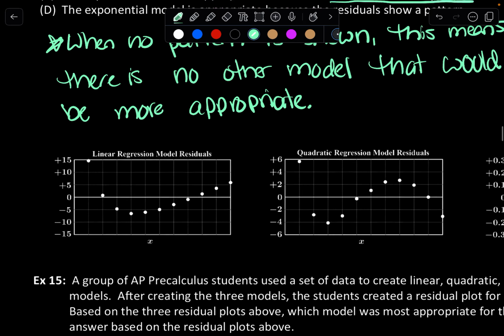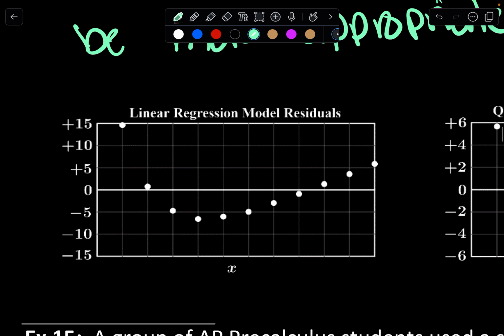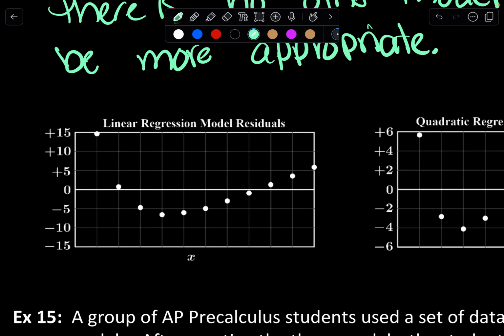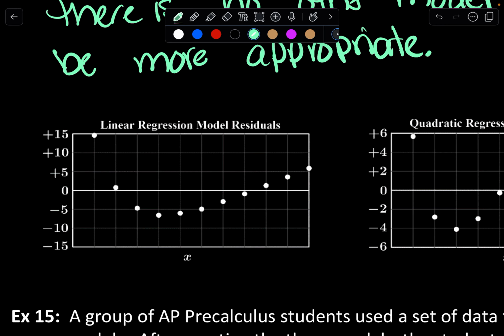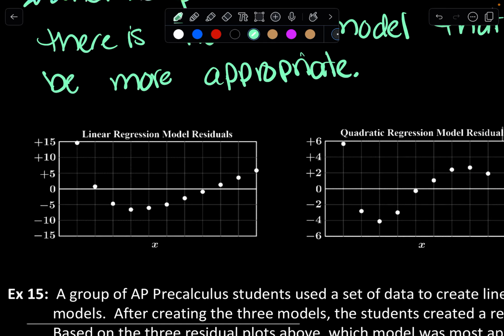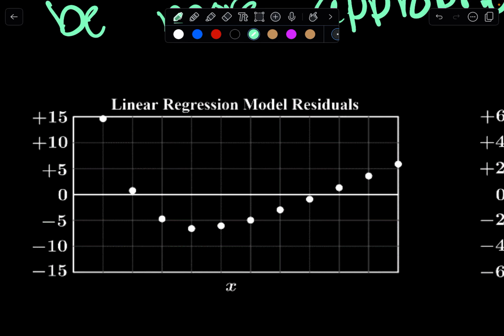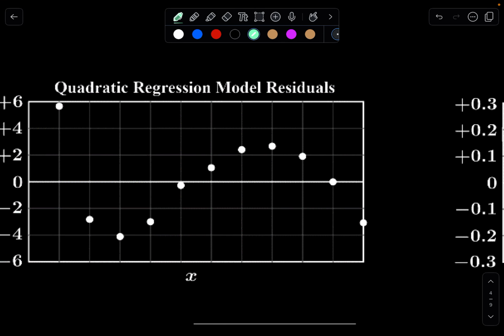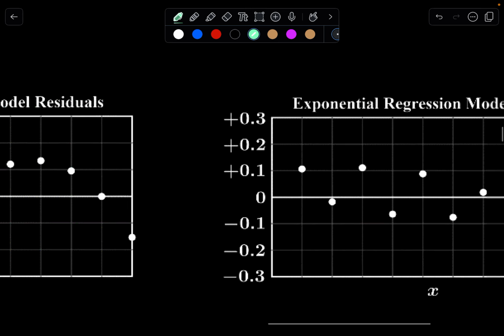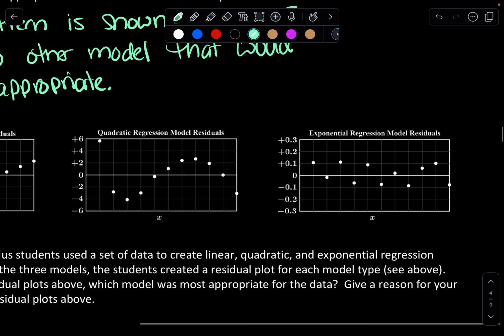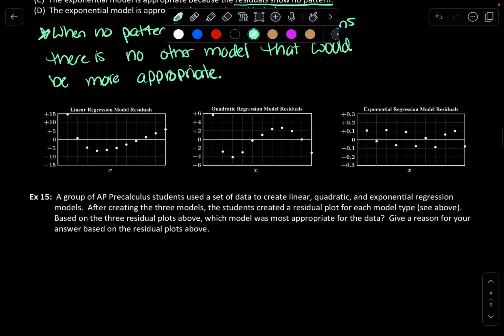So below we have three different regression model residuals. It's the same data, but we're choosing different models in order to see which one will fit the data the best. So we have a linear regression model, a quadratic regression model, and then an exponential regression model. The question states, a group of AP pre-calculus students used a set of data to create linear, quadratic, and exponential regression models.